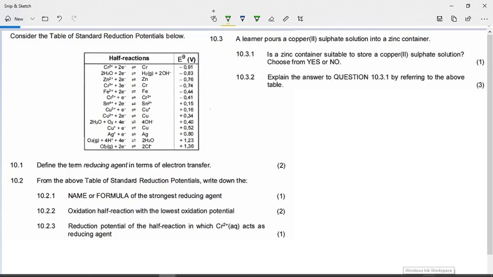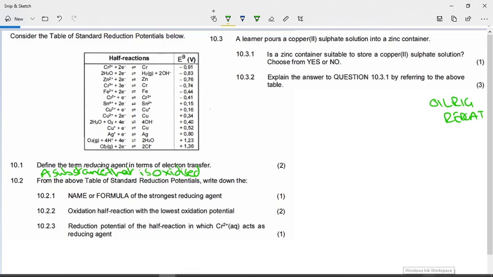It says define the term reducing agent. A reducing agent is in actual fact a substance that is oxidized. And remember what I always tell you to remember: OIL RIG, RED CAT.